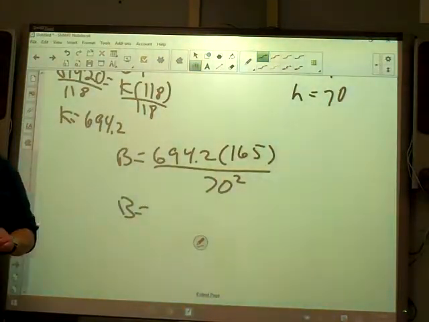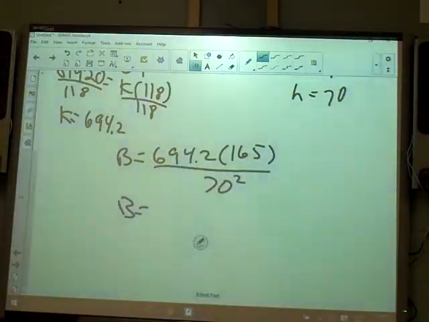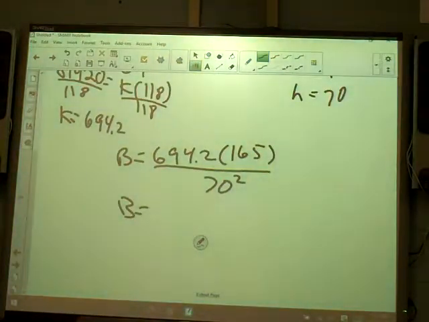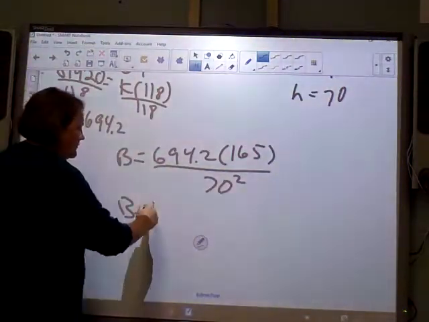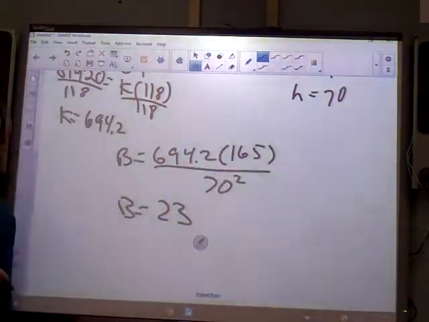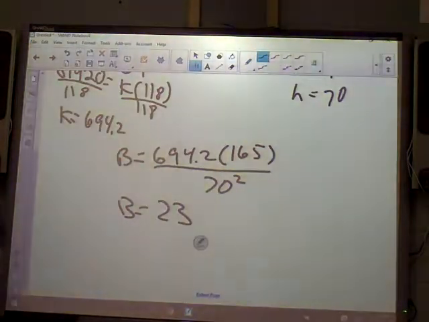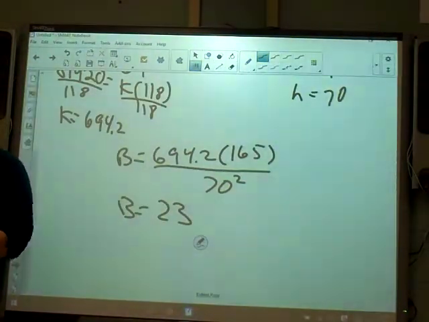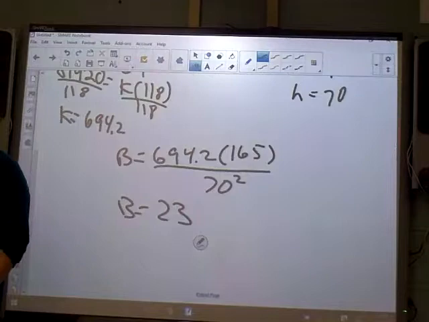What would this person's BMI be? Almost 23.4. I'm going to say about 23. That'd be all right. I think most of them they do in whole numbers. I don't know for sure. So that person is still in the desirable, but they're more towards the other end of it.